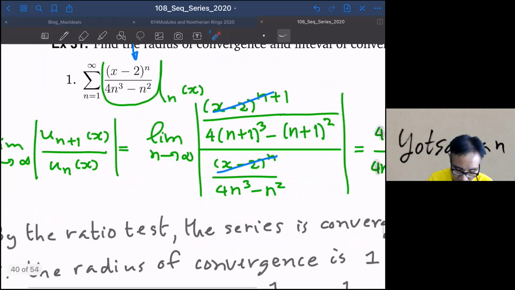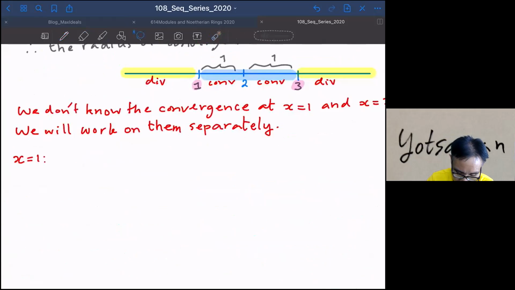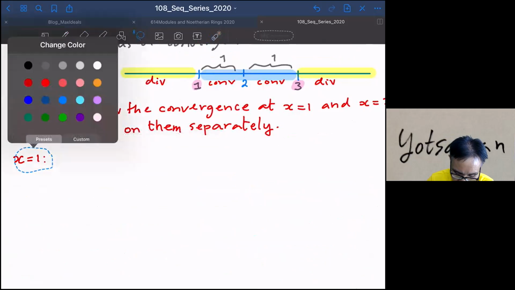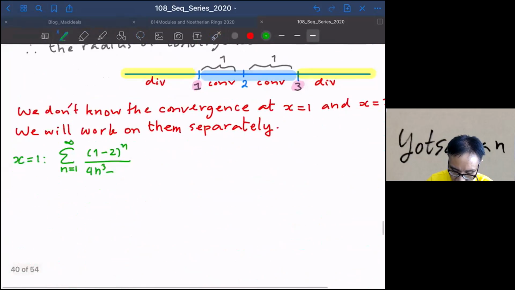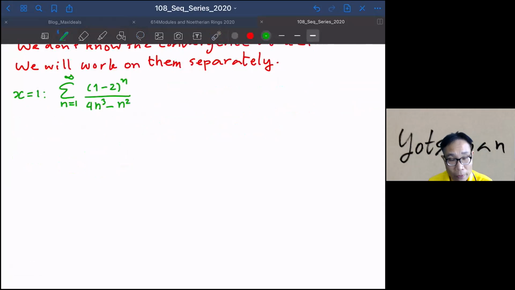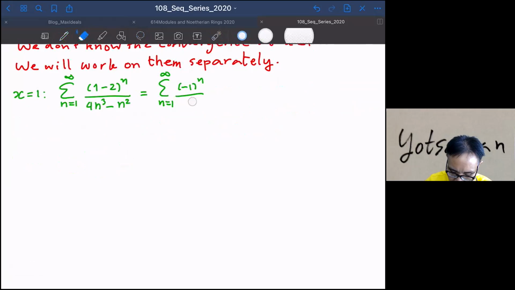So it turns out to be the series from n equal to 1 to infinity of negative 1 to the n, so it's going to be (1 minus 2) to the n over 4n to the third minus n squared. So this one becomes the series n equal to 1 to infinity of negative 1 to the n over 4n to the third minus n squared.